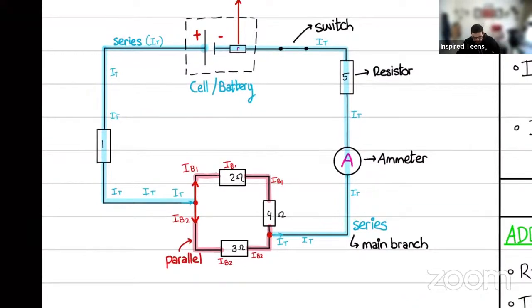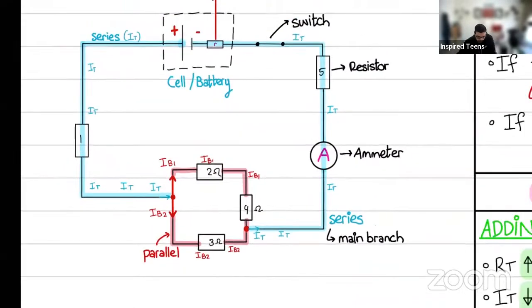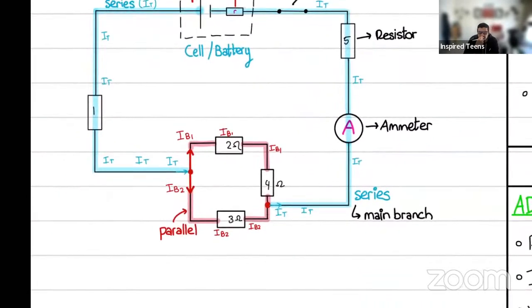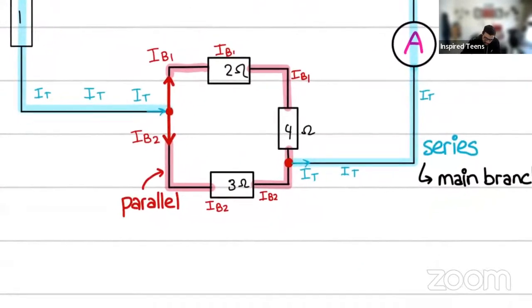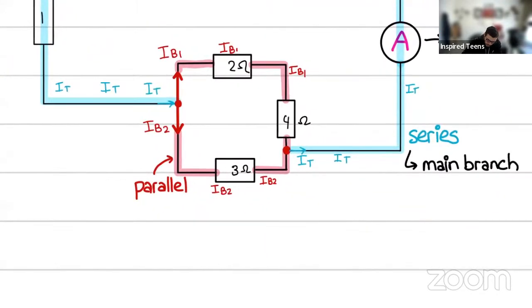Okay, so anything else? Let's do an example. What we also have here, however, you'll notice, let's look at the two different branches. We have this branch, starts here and ends there.